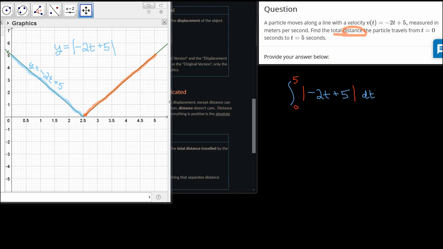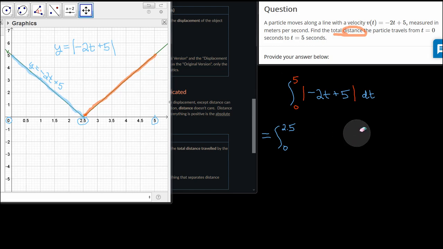So let's do that with our integral. We're integrating the absolute value function all the way from 0 to 5. And as long as we stick between 0 and 2.5, this absolute value function is the same as if the absolute values weren't there.